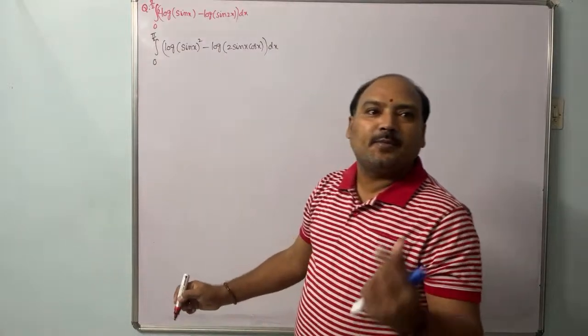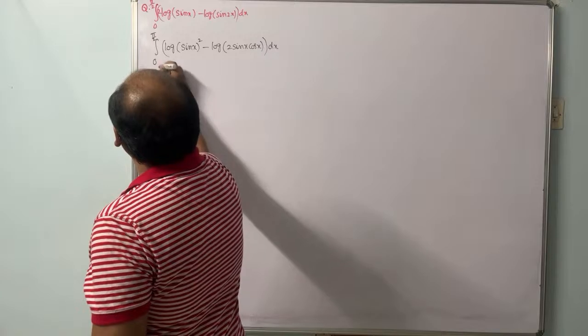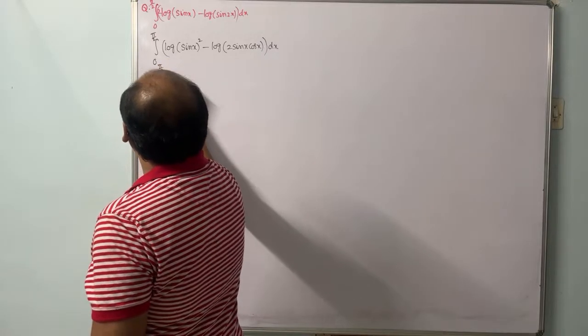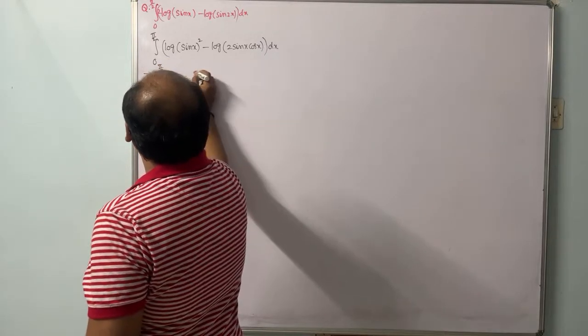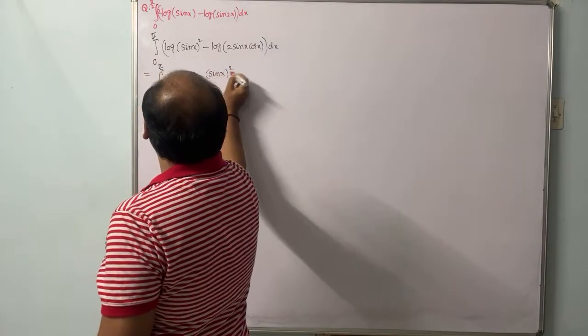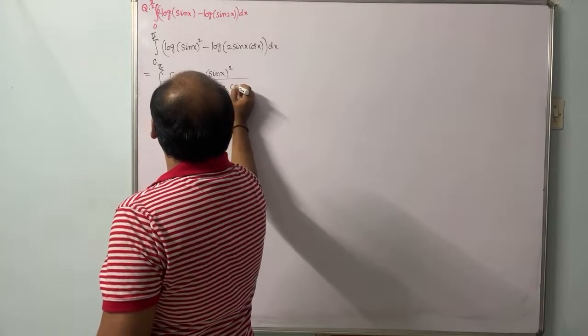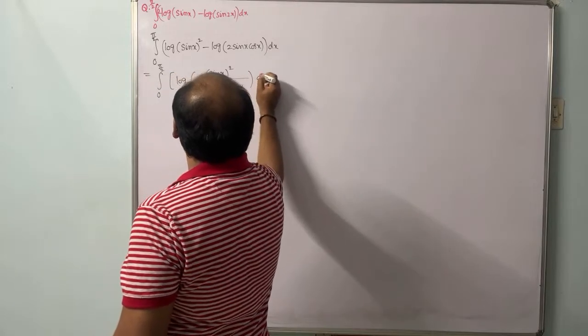In the next step, log a minus log b. Integral 0 to pi by 2 log of sin x square divided by 2 sin x into cos x into dx.